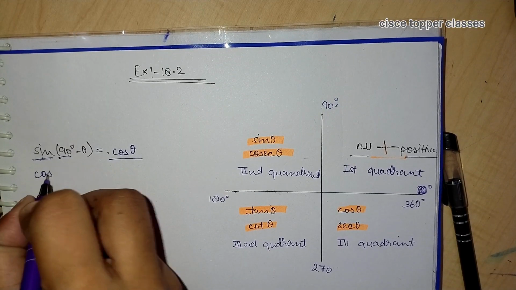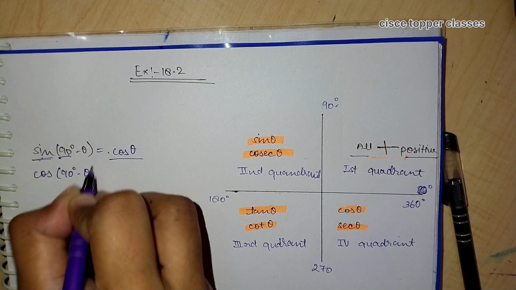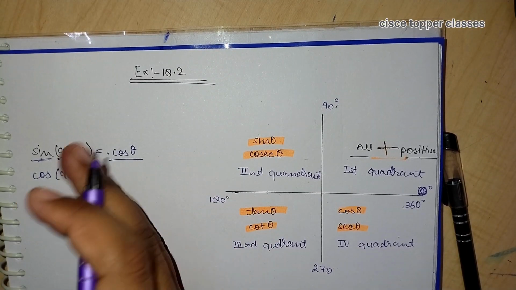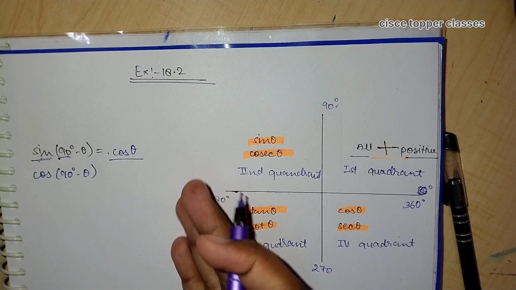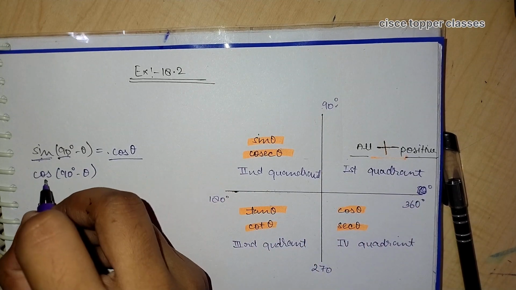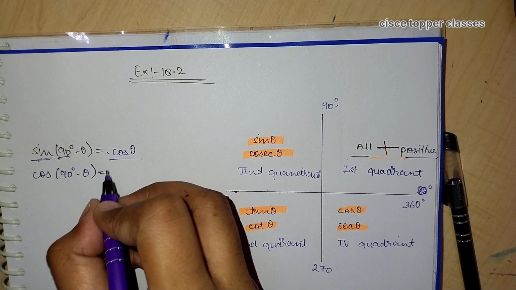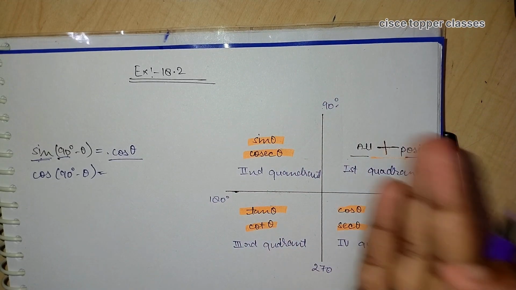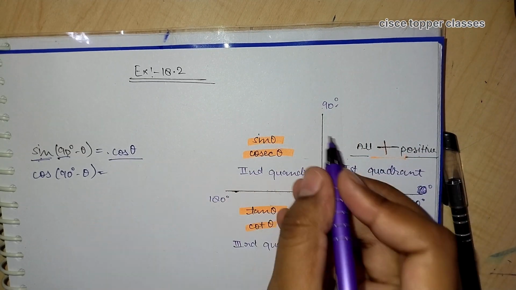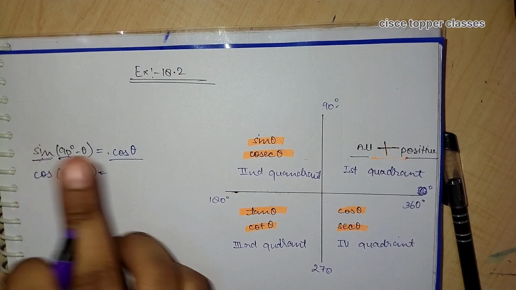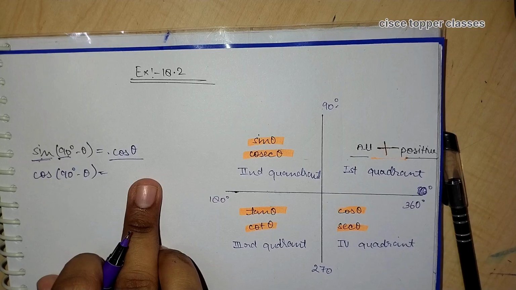Again, if we have to find cos 90 degree minus theta, in this chapter now we have to only learn about the 90 minus theta structures. But I have told you this structure, so it will be easy to understand. So cos 90 minus theta will again be less than 90 degrees. Because the ratio will again change, sine will be changed in cos and cos will be changed in sine.